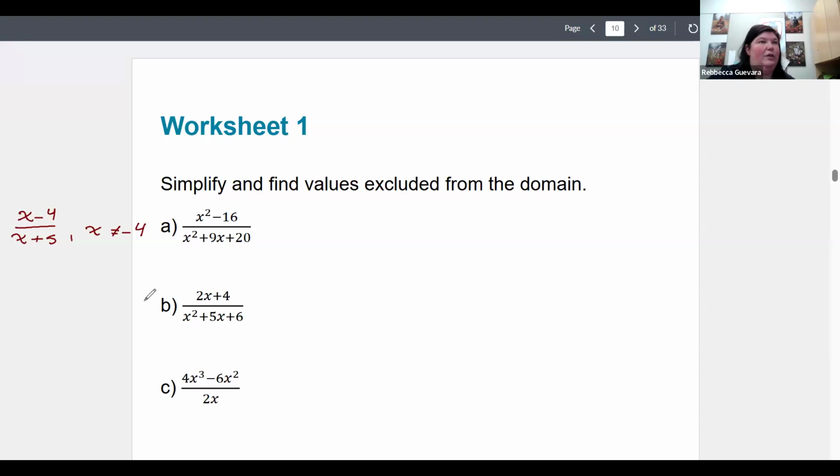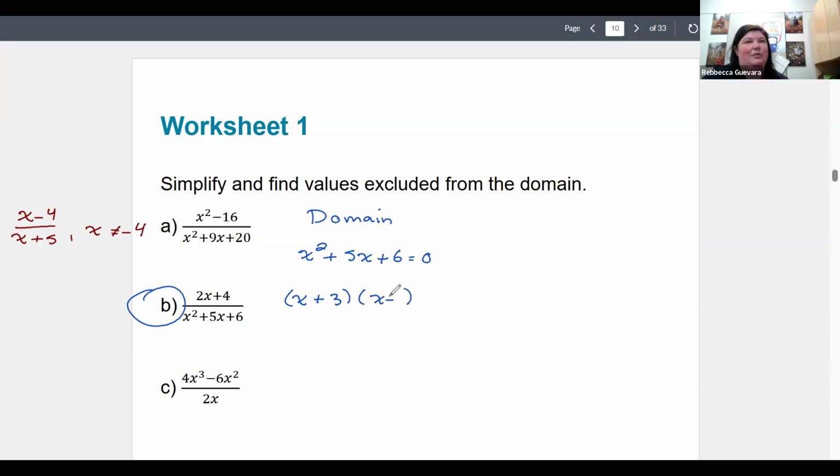All right, we're going to work on B now. So for the domain of B, we're going to look at x squared plus 5x plus 6 equals 0. Also bear in mind that sometimes when you look at your domain, there's not going to be anything you can exclude. We're just using examples that can have something excluded. But if we factor this, two numbers that multiply to give me 6, but add to give me 5, that'd be x plus 3 and x plus 2.